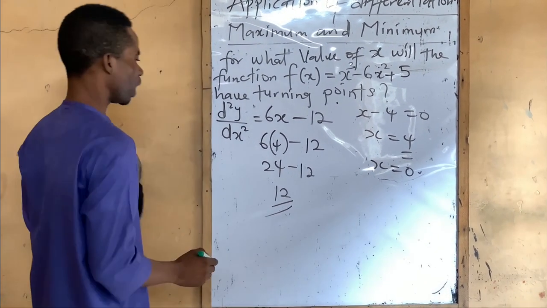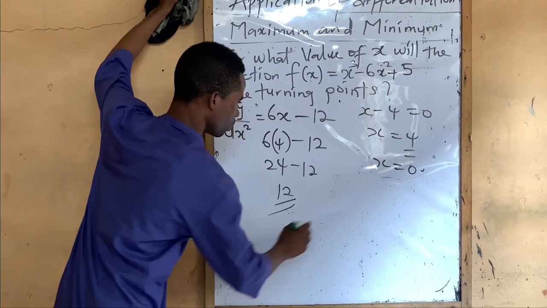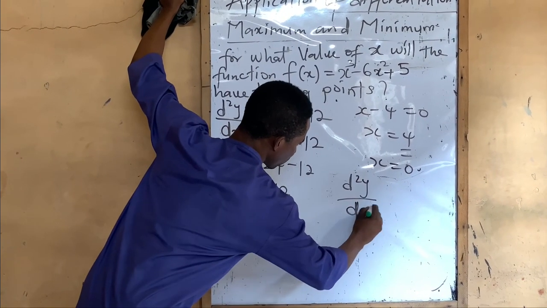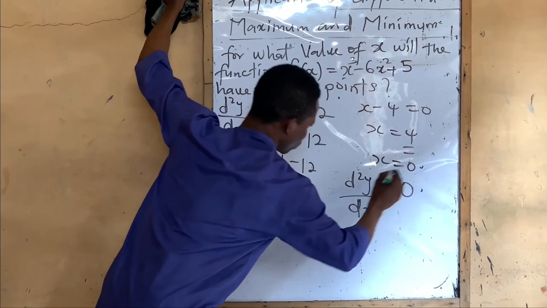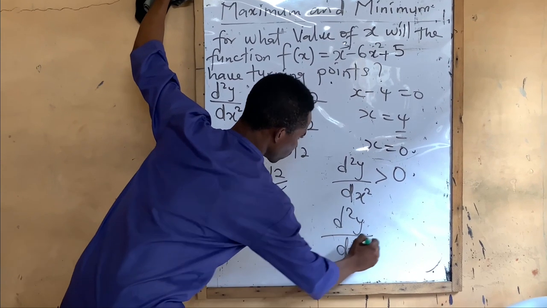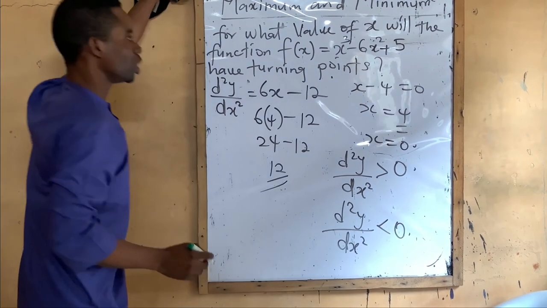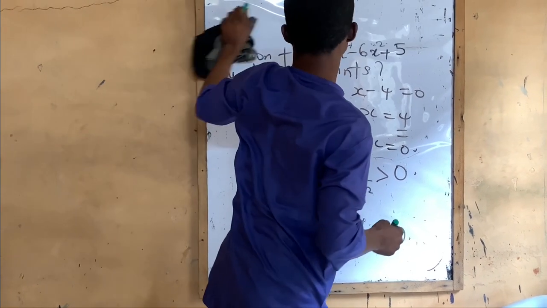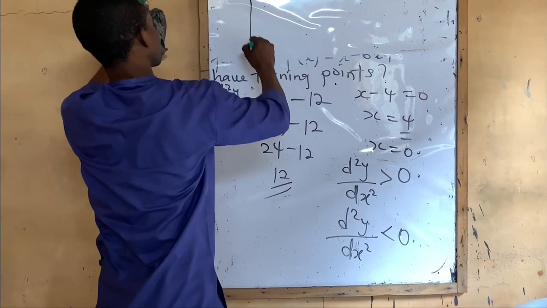Now, is 12 greater than 0? Because if d squared y over dx squared is greater than 0, or d squared y over dx squared is less than 0, let me show you that graph back. The graph is like this.